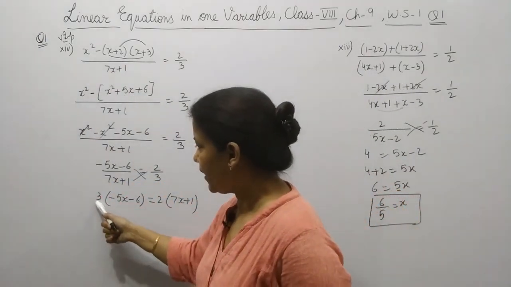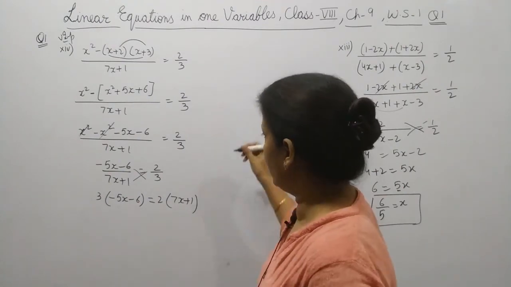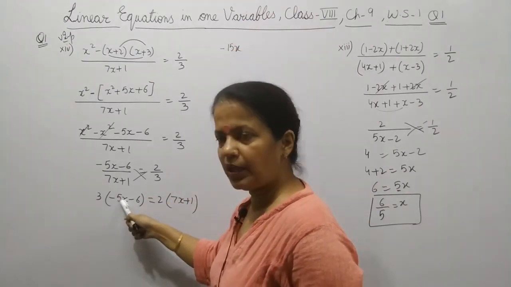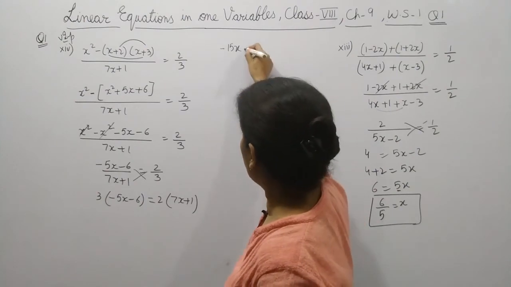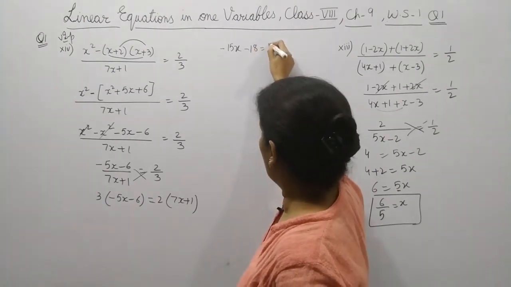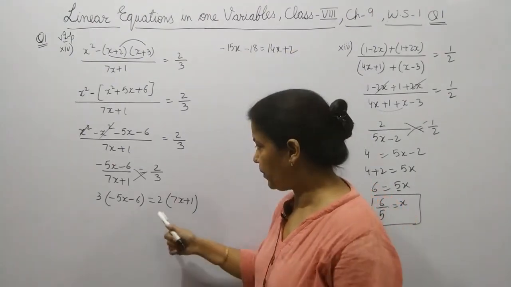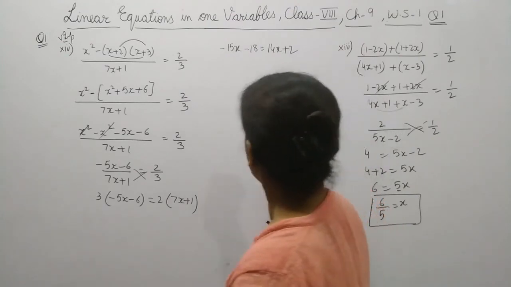You have to multiply 3 with both of them, and here 2 with both of them. So it will come as minus 15x, 3 multiply minus 5 is minus 15, 3 multiply minus 6 is minus 18, equals 14x plus 2. Make sure to multiply with both of them. Otherwise, you will get the answer wrong.